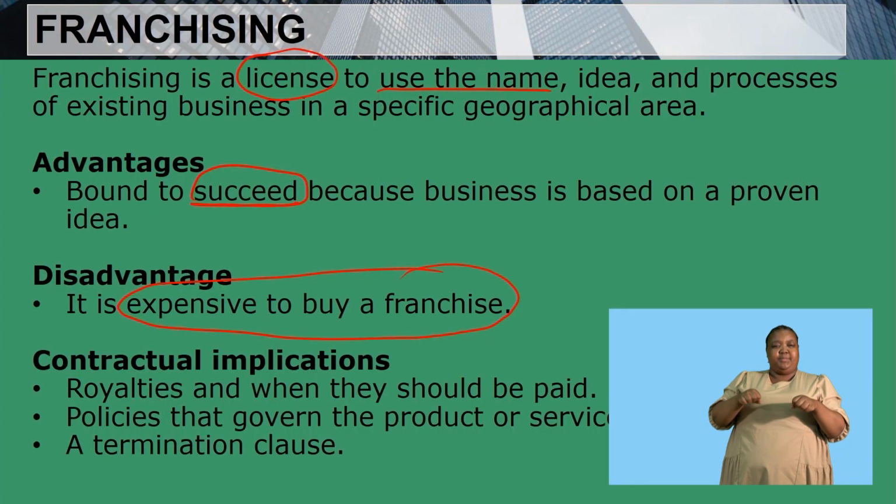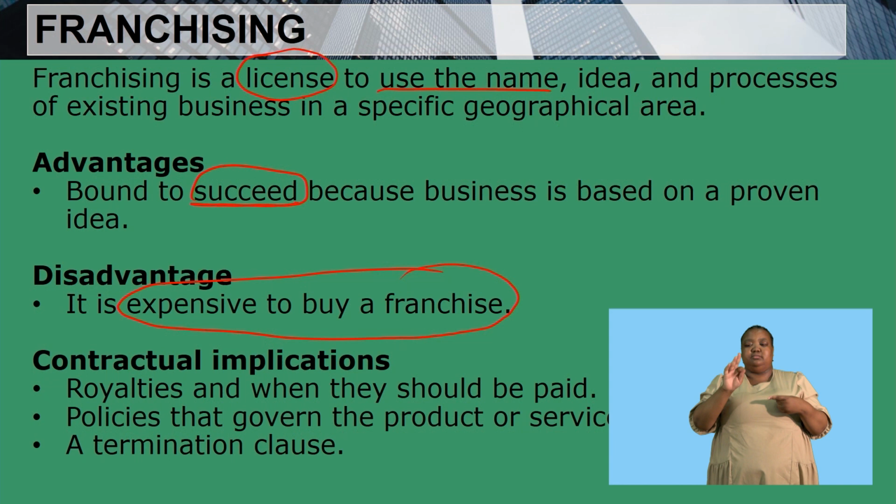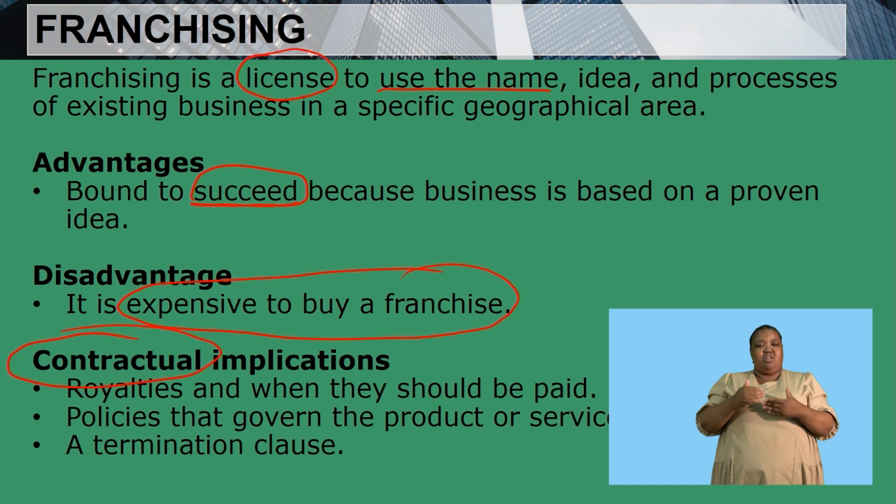Now, let's quickly look at the contractual implications of franchising, leasing, and outsourcing. We will start with franchising. If you take a look here, it tells you about royalties and when they should be paid. So remember that when we talk about contractual implications, we are looking at what must happen once I have obtained a franchise or a lease or I have outsourced, because all three are contracts.